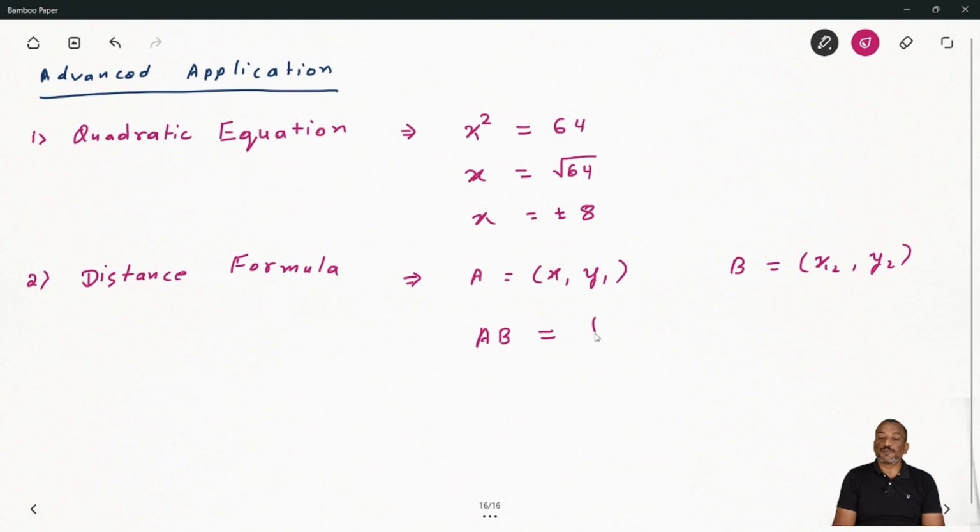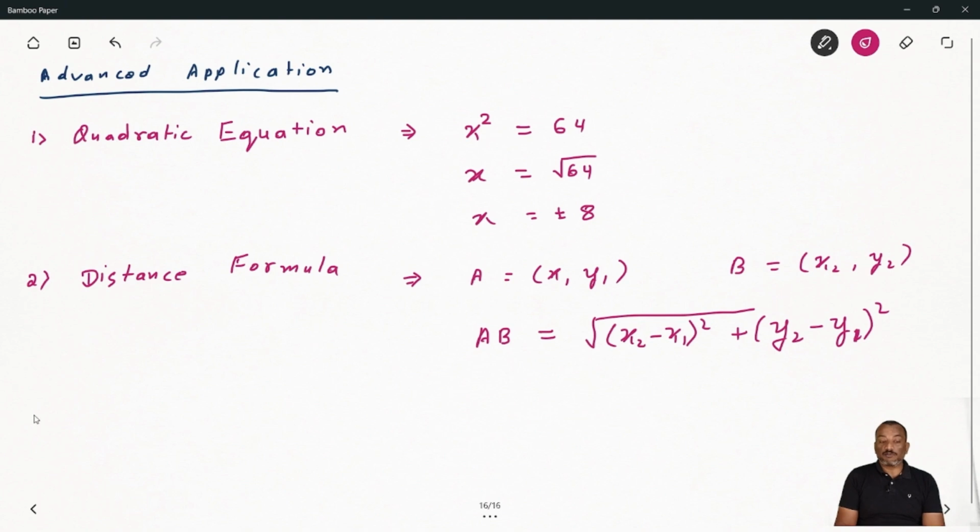The distance AB is the square root of (x2 minus x1) whole square plus (y2 minus y1) whole square. So there also you can use the distance formula.